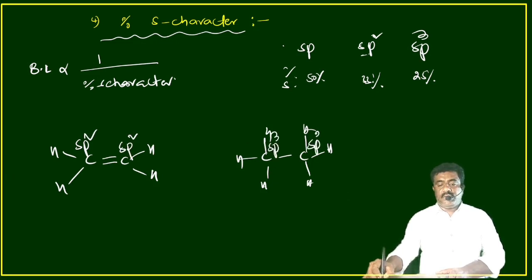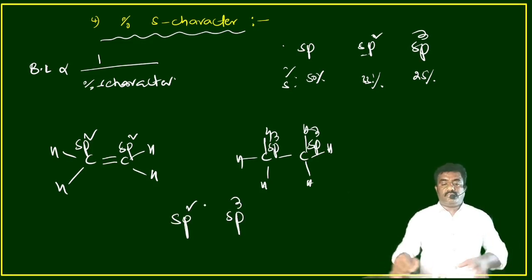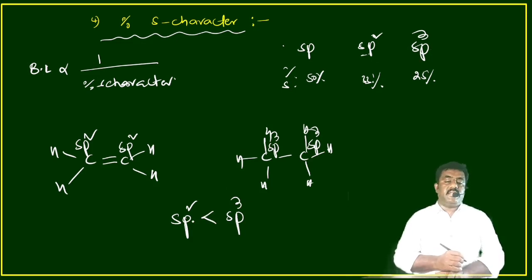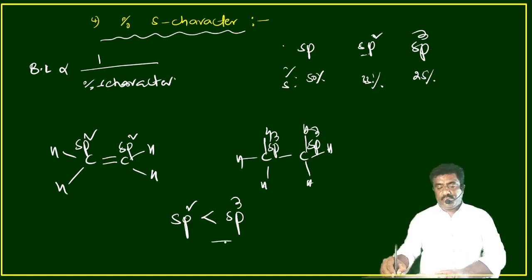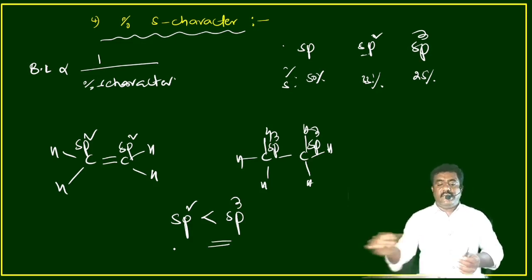Which has more percentage of the s character, sp2 or sp3? Now the bond length relation between sp2 and sp3: sp3 has more bond length than sp2 hybridization. This is the percentage of the s character factor.